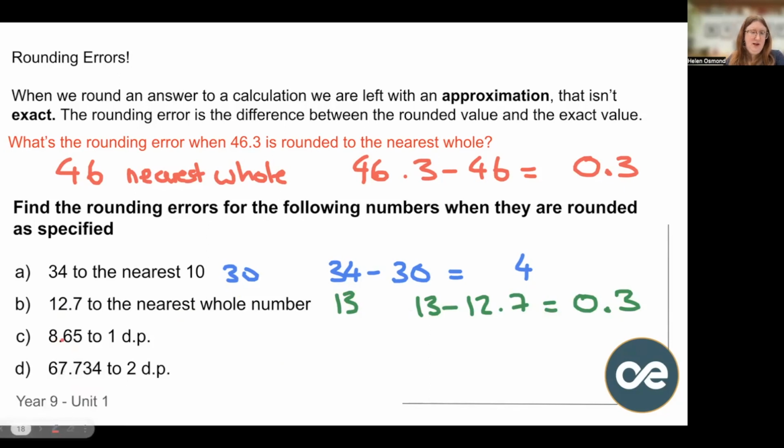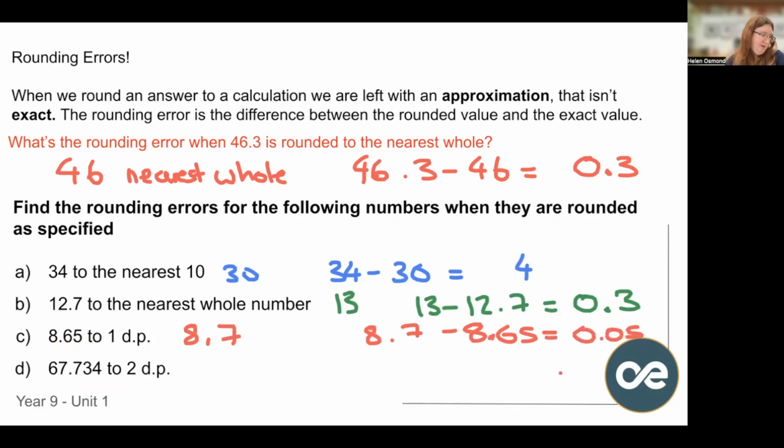If I've got 8.65 to one decimal place, well, rounded, this is going to give me 8.7. So then the difference I've got here, 8.7 minus 8.65. I'm just looking for the difference. It doesn't matter which way around I'm doing it. 0.05 is what's different.